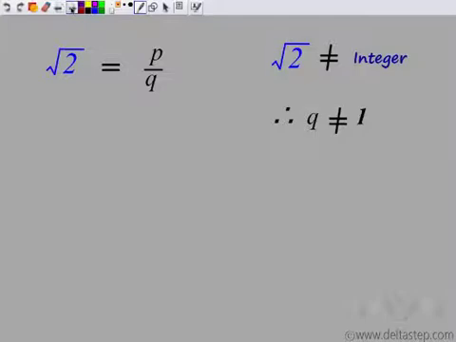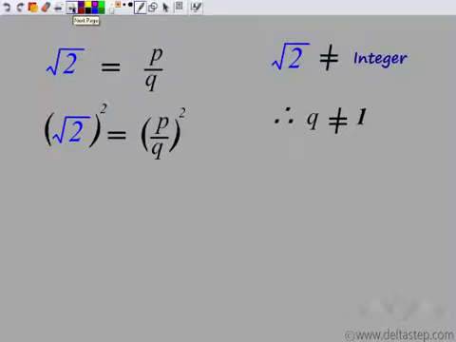So I get this. Now what I do is I square both sides. Squaring root 2, we know we get 2. And this is equal to p by q squared, that is p by q multiplied by itself 2 times, p by q times p by q. Now I know how to multiply two rational numbers.